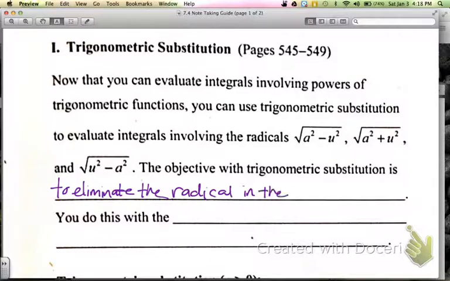It's difficult for us to take the integral with these radicals, so in doing so we're going to be able to narrow it down to trigonometric functions only, and we'll be able to take those fairly easily, or at least hopefully fairly easily. And we do this with the Pythagorean identities.